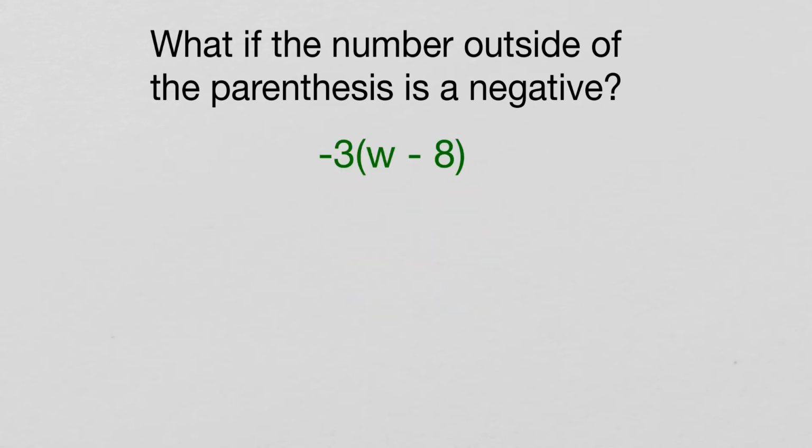Here's another example of that. So again, we have a negative number on the outside. Let's take that negative 3, and first we're going to multiply it by w. Negative 3 times w is negative 3w. Now, negative 3 times 8 is going to be negative 24.